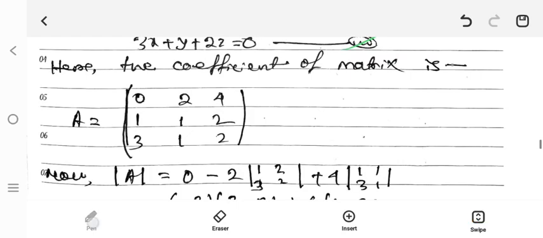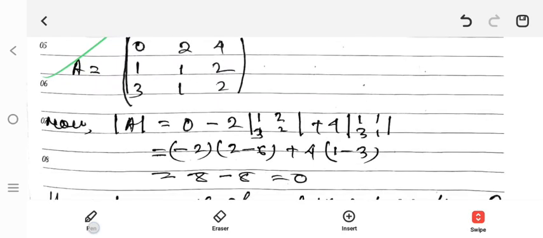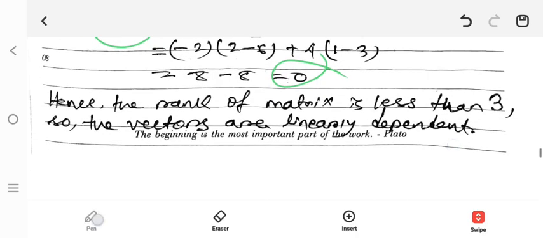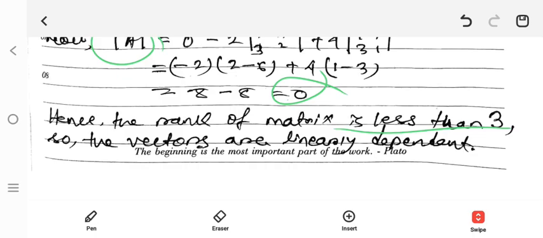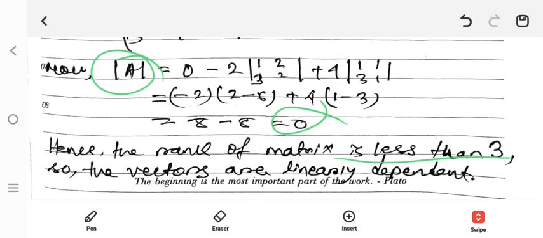Here is the coefficient matrix, and now the determinant of A is equal to 0. Hence the rank of the matrix is less than 3, as we learned in the previous lecture on the rank of a matrix: if the determinant of a 3 by 3 matrix is 0, then the rank of the matrix will be less than 3.